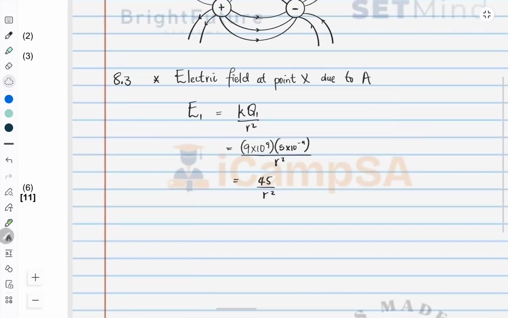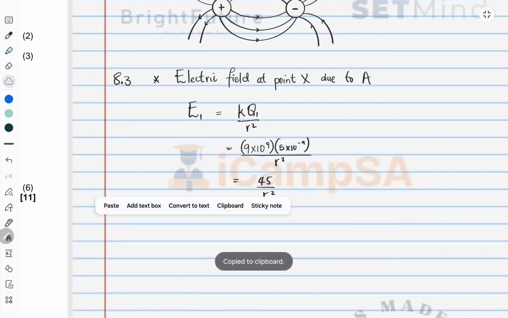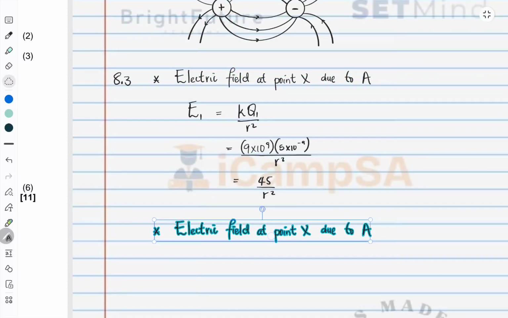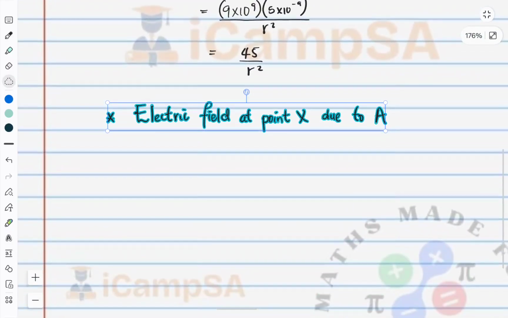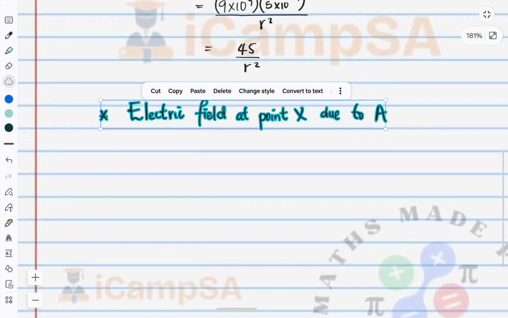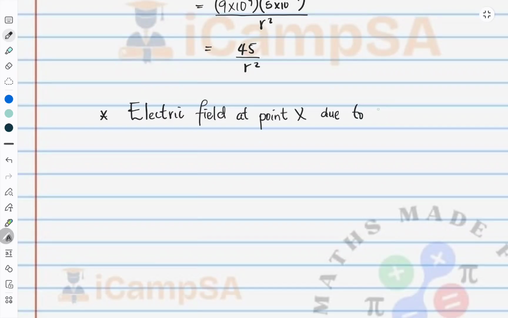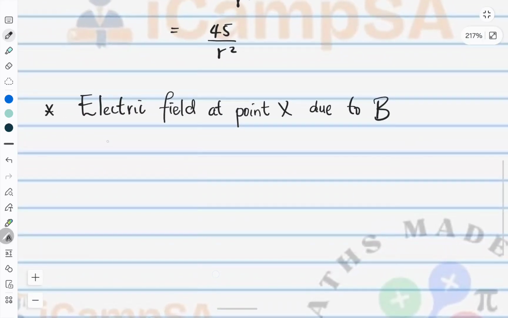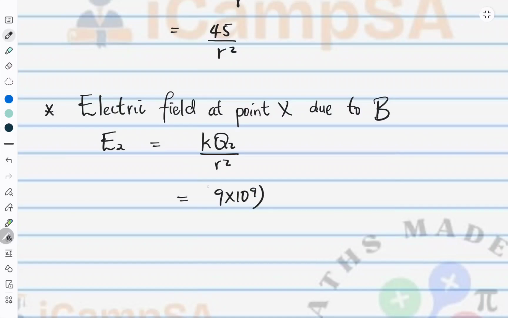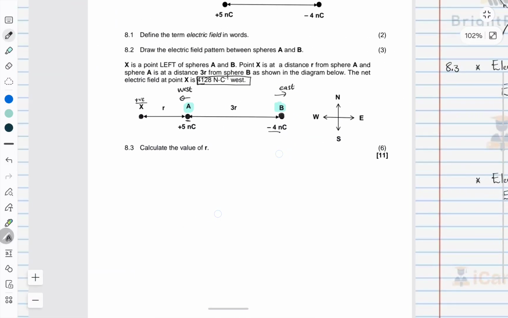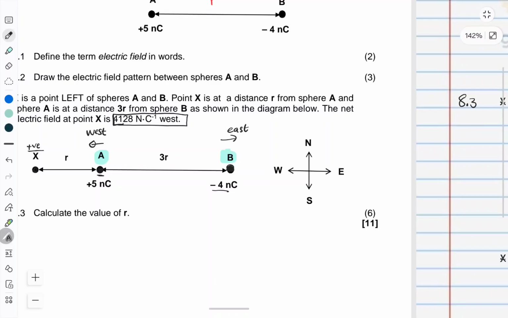Now I take the same thing, but due to B now, you must pay attention to this one. Now I want the electric field at point X due to B. So I put B here. So what is that? I'll say E2 is now kQ2 over r squared. That's 9 times 10 to the power 9. What's the charge on B? And how far is B from X? The charge on B is 4 nanocoulombs, minus 4.